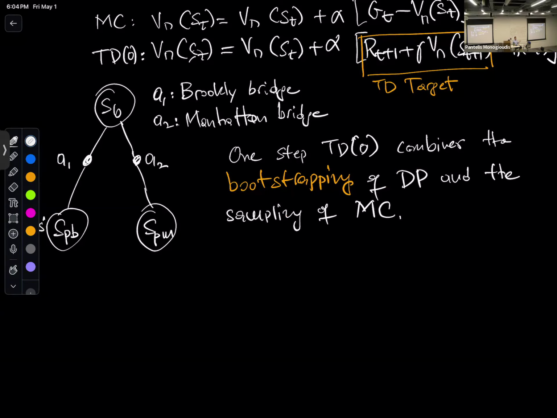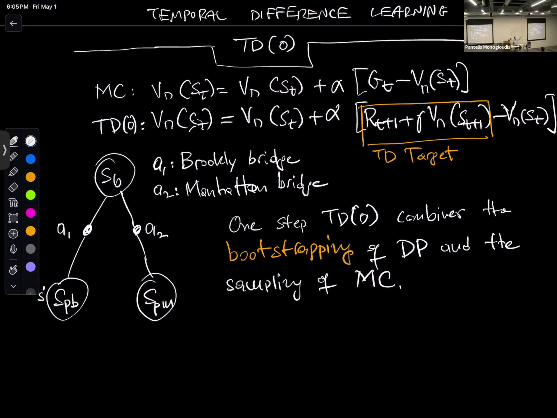In what sense? The equation looks almost identical to the Monte Carlo equation, except for the replacement of the sample return to go until the termination. So if I'm in a state here, as in Monte Carlo, I was updating this value based on several trajectories, thousands of trajectories, based on the sample returns to go, 1, 2, 3, 1,000.